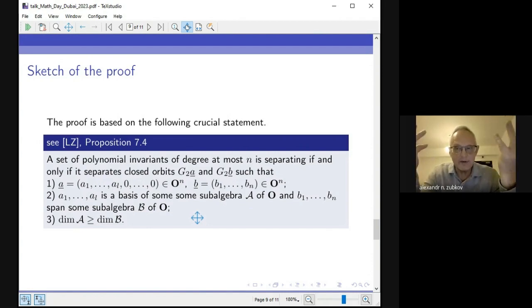But this question can be reduced to the question about the maximal subalgebras of the algebra of octonions. The maximal proper subalgebras have already been described, long known, in an article by Racine.